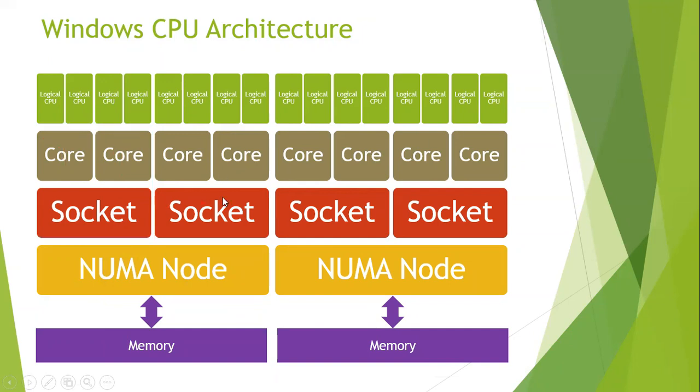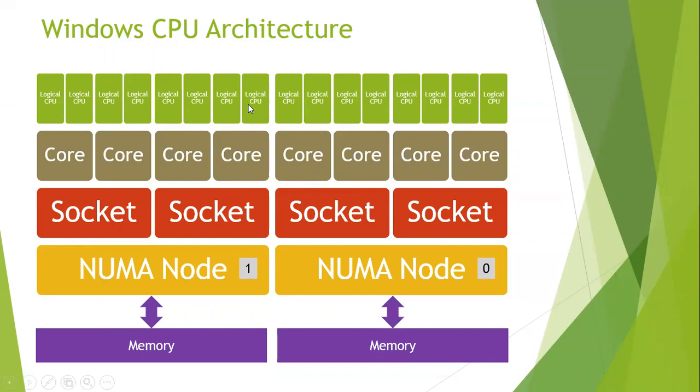In this other architecture, we have around 16 CPUs and 8 cores. Each core has around 2 logical processors. This is a NUMA node. We will discuss more about NUMA in the memory architecture. For now, understand that NUMA is a collection of one or more CPUs.